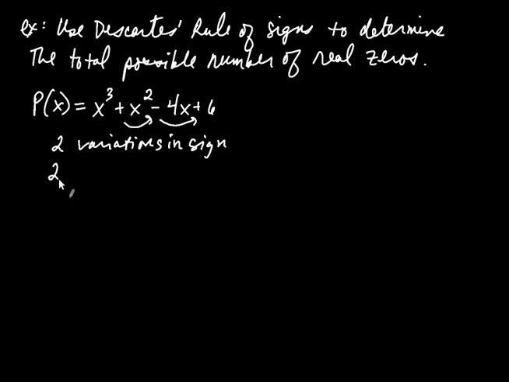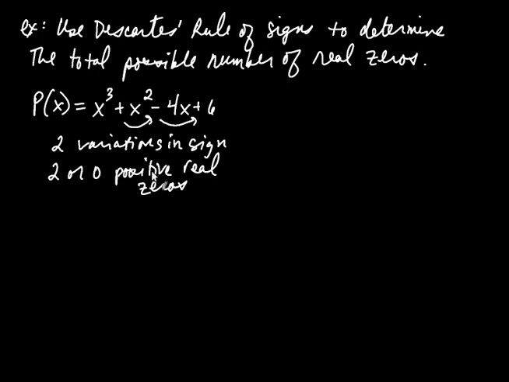So you either have 2 or 0 positive real zeros. If I had gotten 4 variations in sign, then my options would have been 4, 2, or 0. You're always subtracting an even number to get down to the next possible number of real zeros. In this case, 2 or 0 positive real zeros.